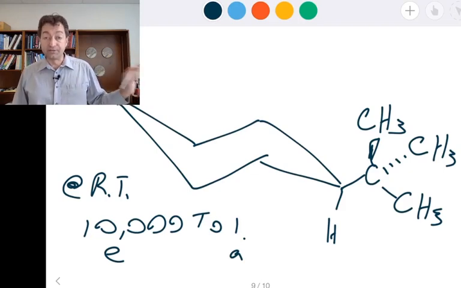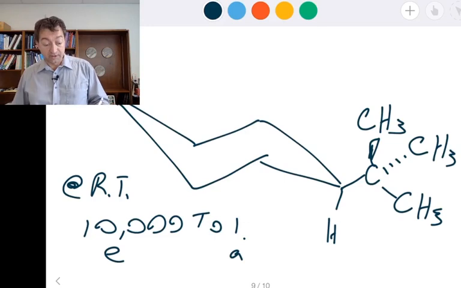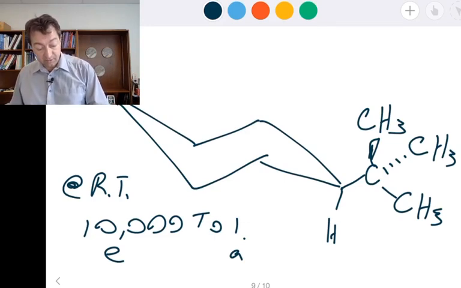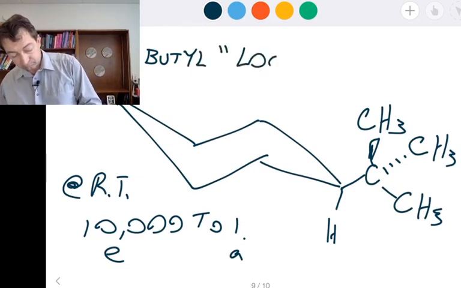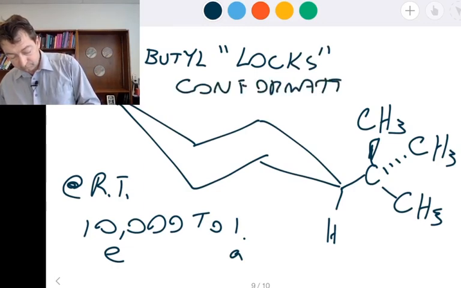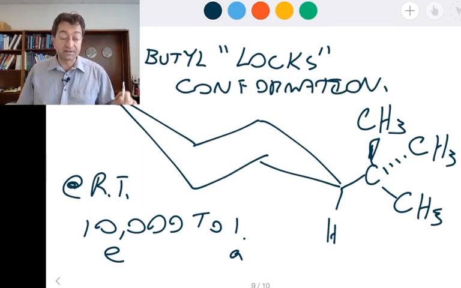That's a large, large difference. That's a very large difference. In fact, it's so large that what we say is that the T-butyl group locks the conformation of cyclohexane in that equatorial, so that the T-butyl group sits equatorial and locks the whole thing in position there.